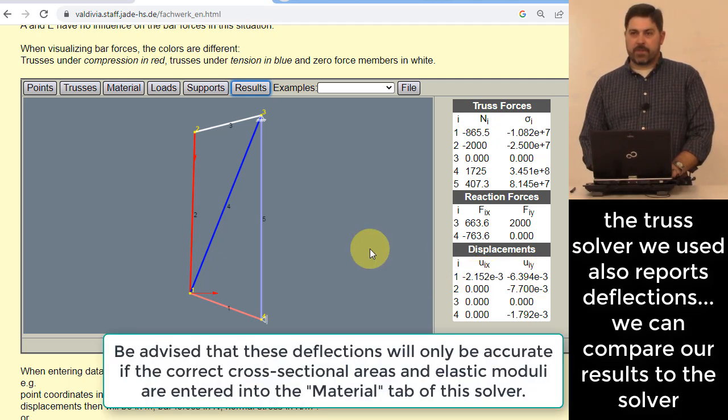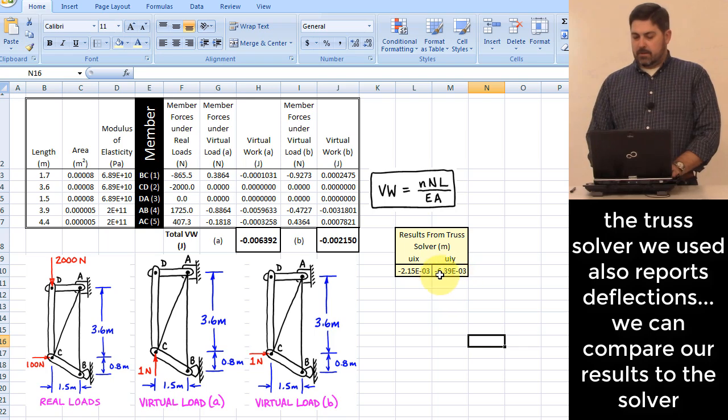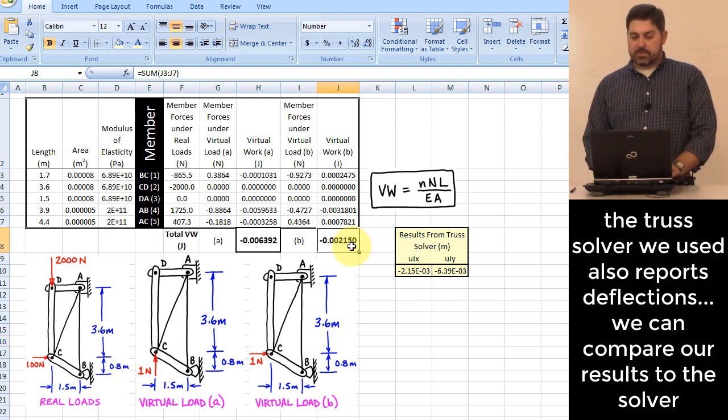Shall we compare what they came up with versus what we just came up with? Here is what they came up with in the little app: minus 2.15 times 10 to the minus third for the X direction. That was this value, right? Minus 6.39 times 10 to the minus third, there's that value, okay?